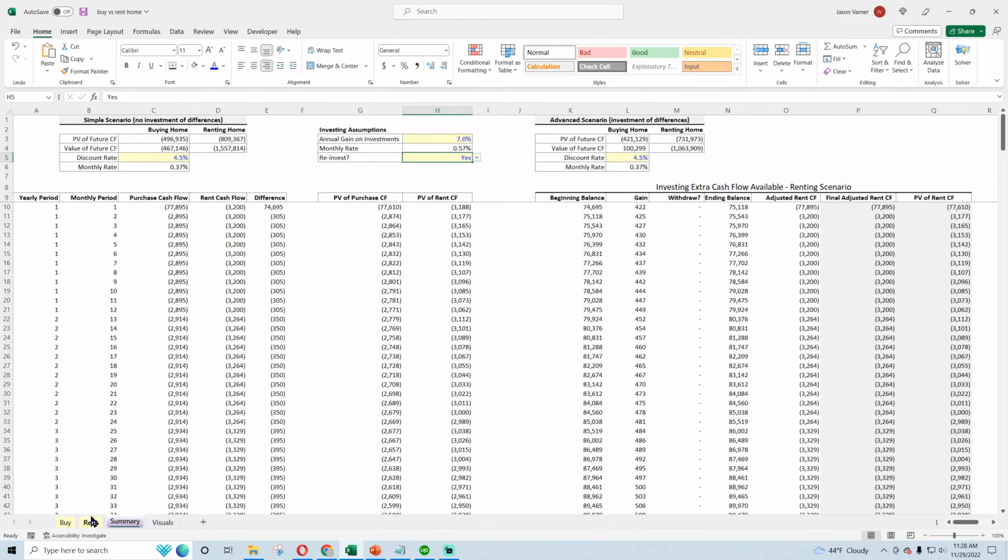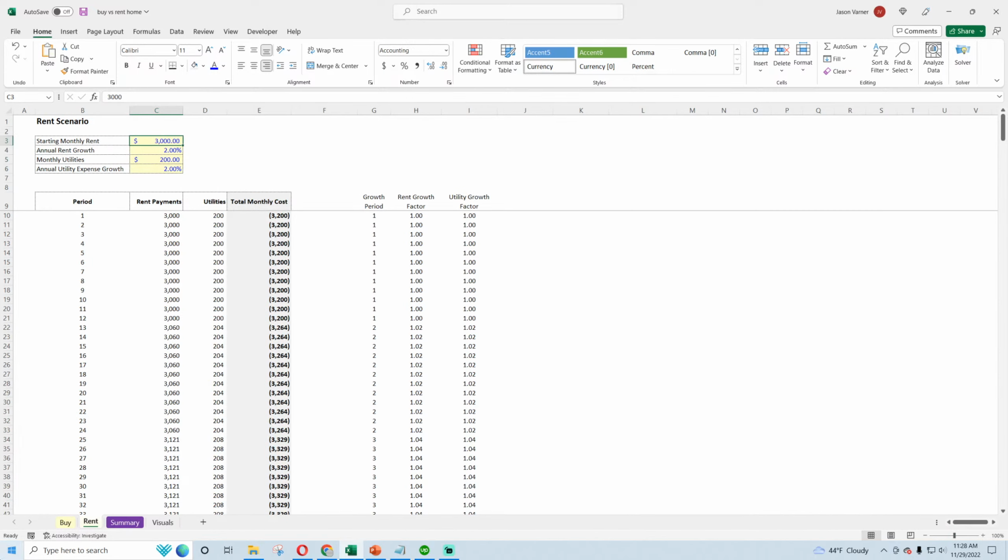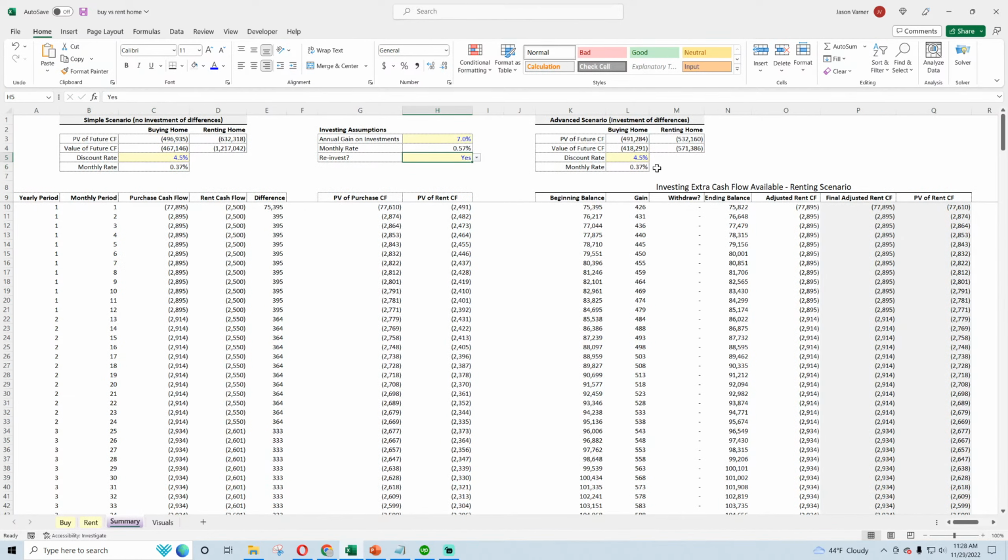Let's say your rent is a little bit cheaper. Let's say it's $2,500 and includes utilities. Well, non-reinvestment is always going to be, I think, better for, let's see, it's a 100,000 difference.